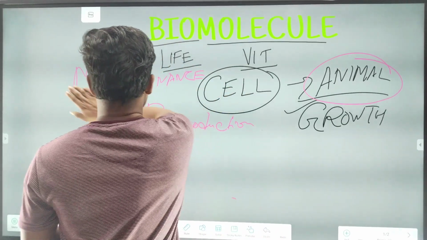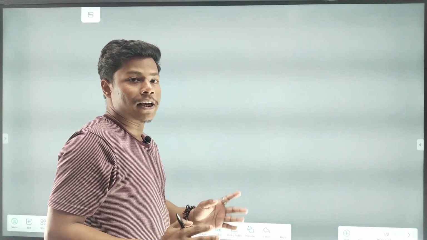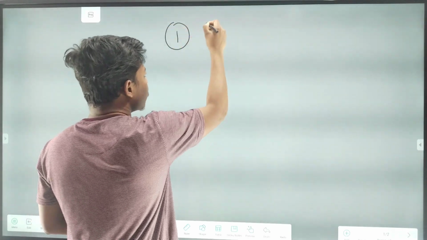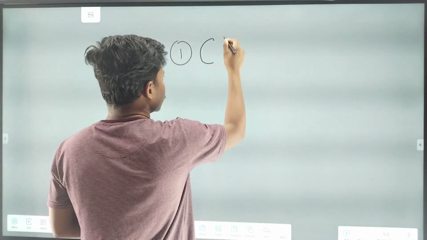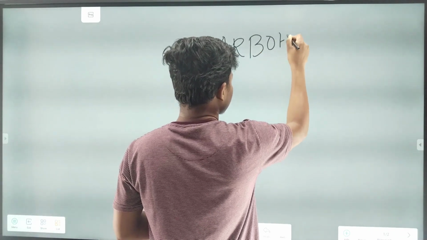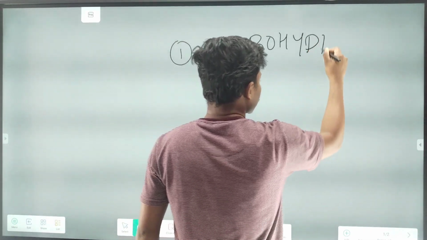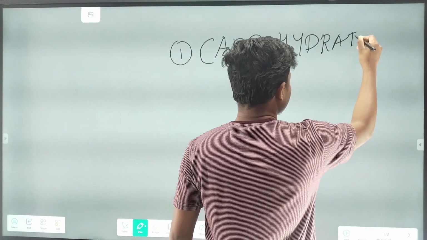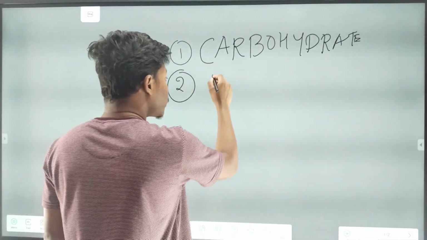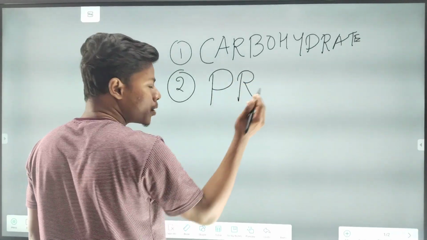Now, what are the biomolecules that are required for the proper growth and maintenance of a body? First one we can say the carbohydrate. Then we have proteins. Like all of you have heard the word protein, right?